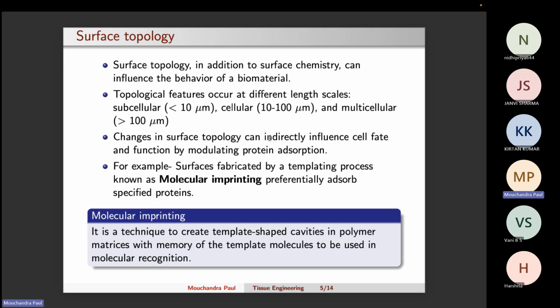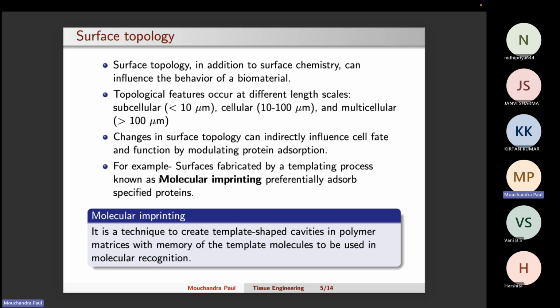The example I gave, nano imprinting, are techniques that directly influence the cellular fate processes. But you can also use techniques that indirectly change the cellular fate processes by changing the surface topology.